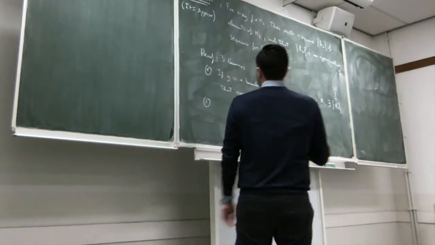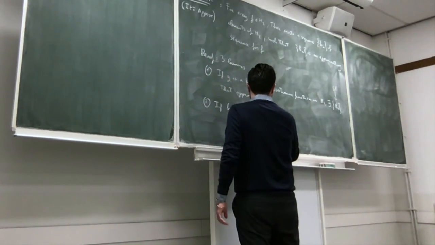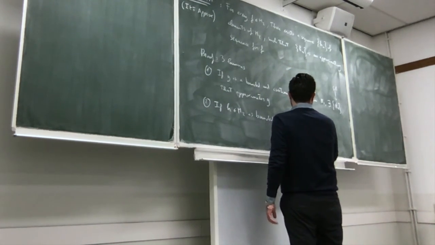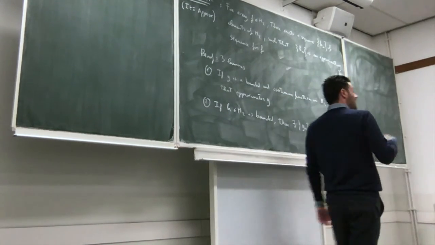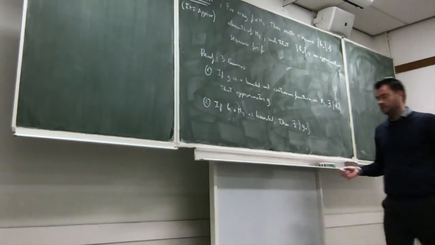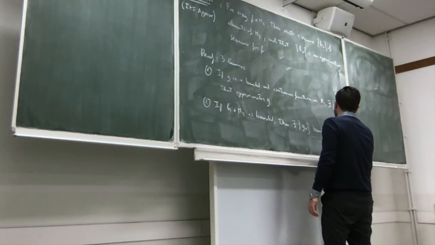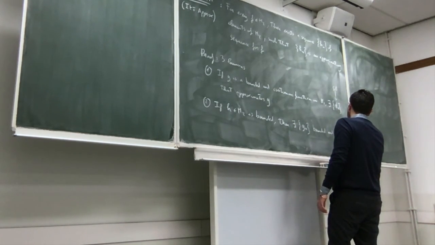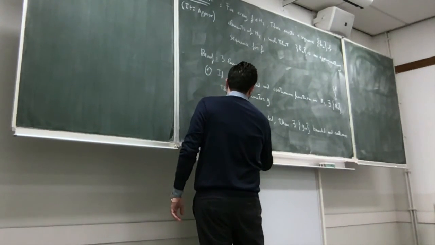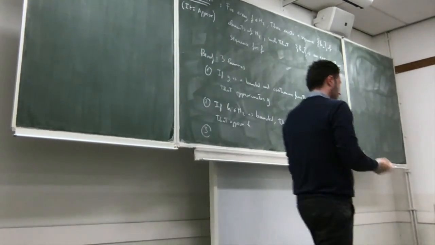The second lemma tells me that if H in M2 is bounded, then there exists a sequence of functions Gn that are bounded and continuous that approximate H.